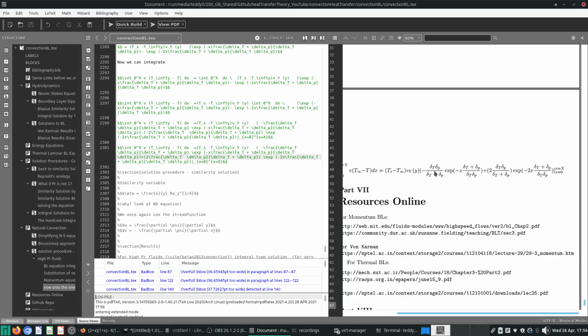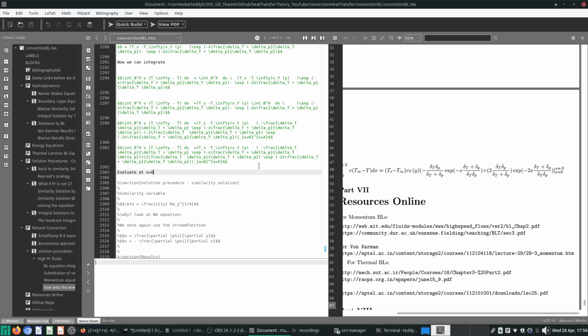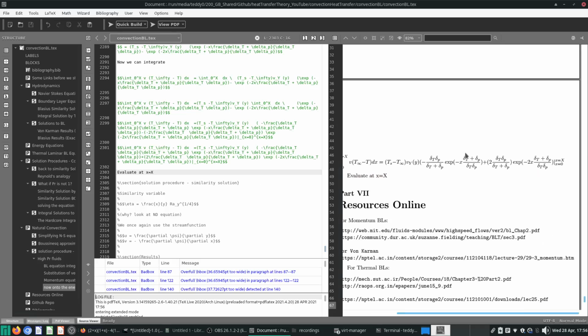Okay, so one coefficient in front, the other coefficient over here. So let's evaluate that. Evaluate at x equals to X, which I think by now I don't want to evaluate anymore, because I will just say that at x equals to X, we find that it is negligible with respect to the first term.